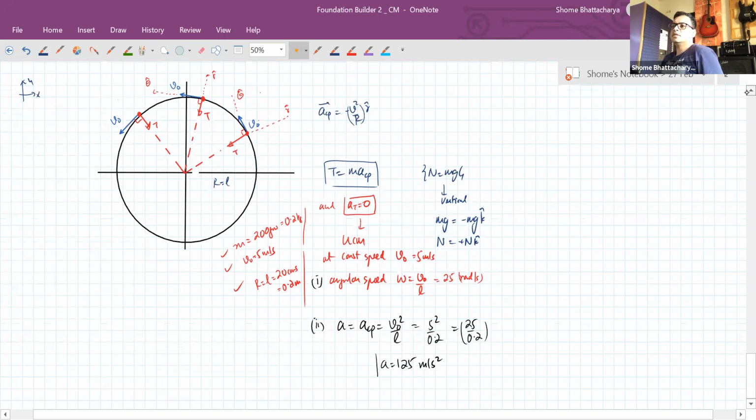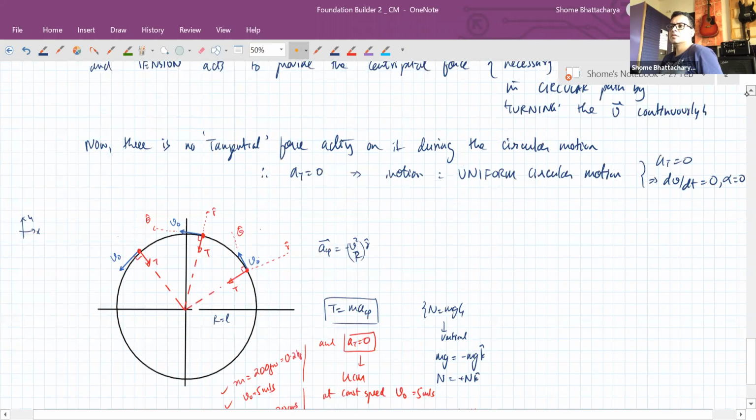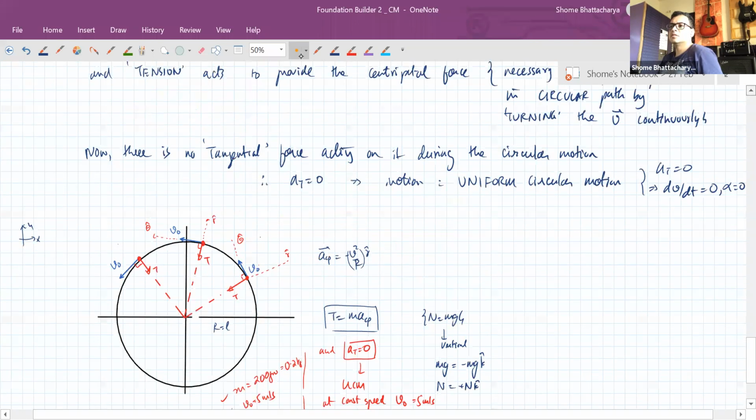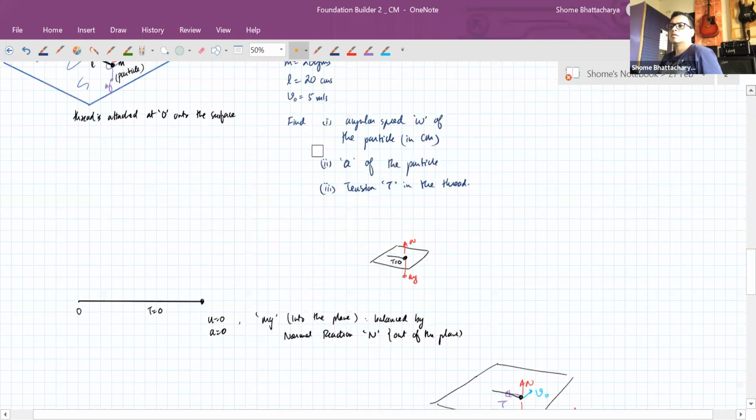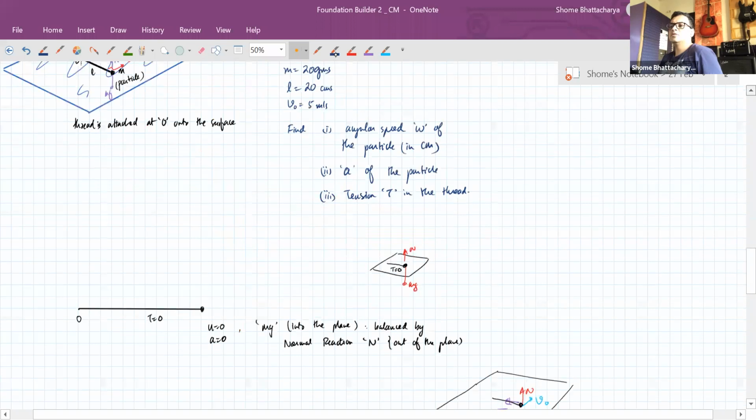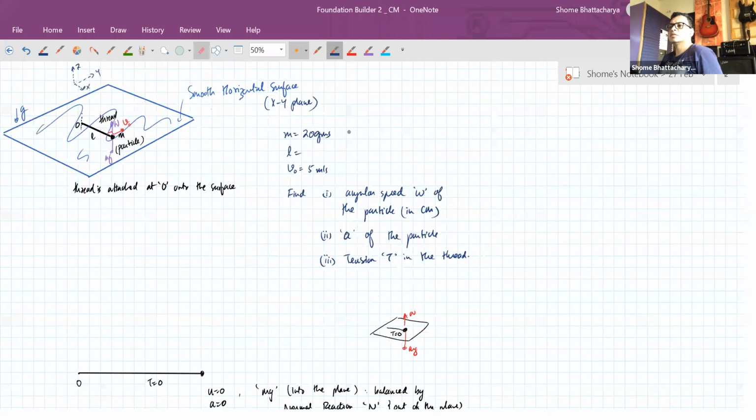Actually, let's do one thing. Let's change the length of the thread. Instead of 20 centimeters, let's make the length of the thread 5 meters. Easier to handle.